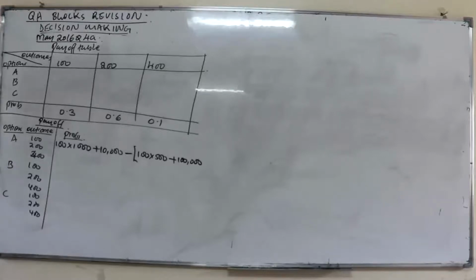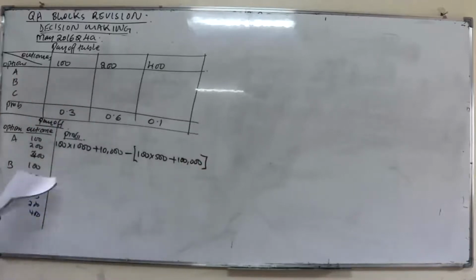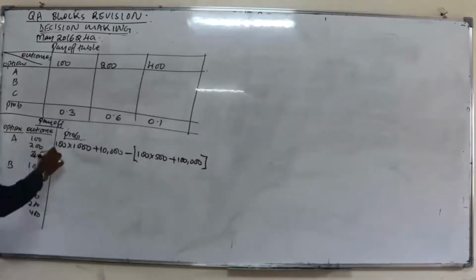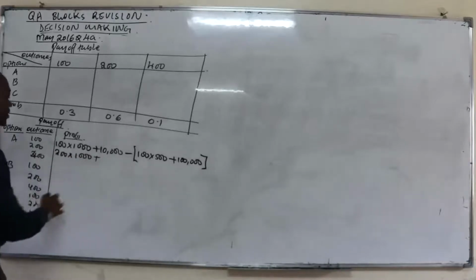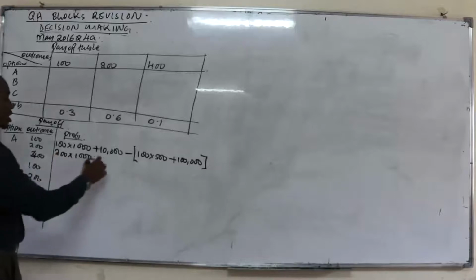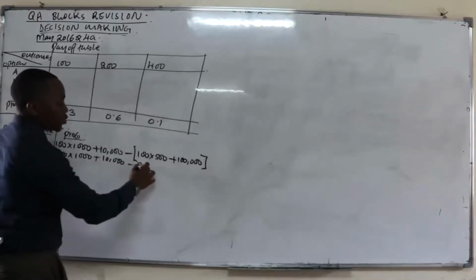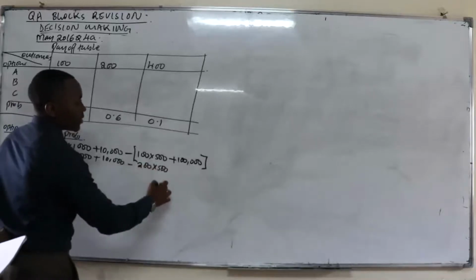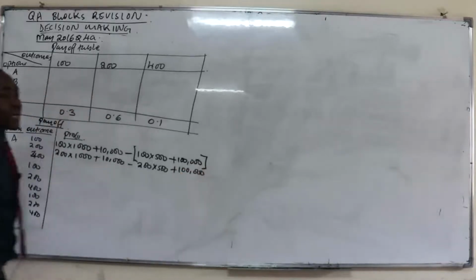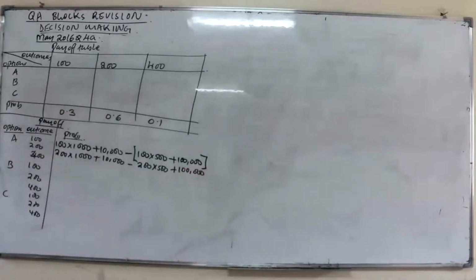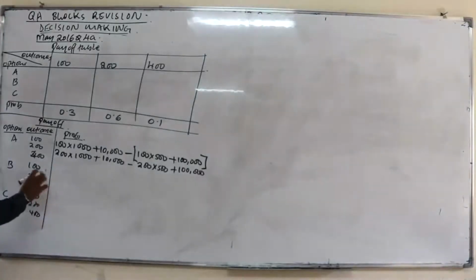Let's go to the second one. If the production is 200 units, you'll take 200 times 1,000, plus for machine A the scrap value does not change, it's 10,000, minus the production cost, now 200 units each at 500, plus the machine cost of 100,000.